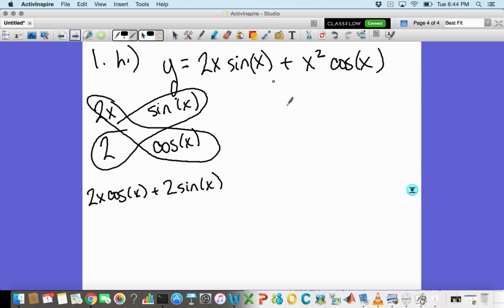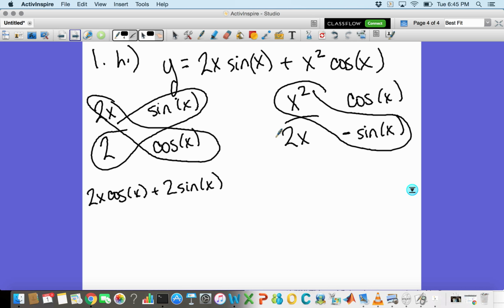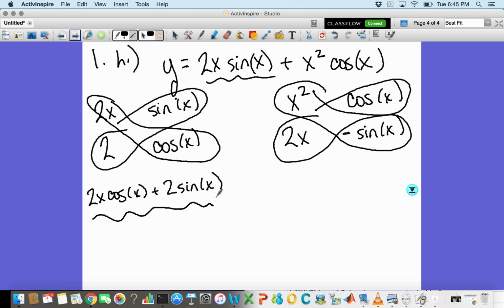And then for here, x squared cosine x. The derivative of x squared is 2x. The derivative of cosine is negative sine. So if I butterfly again, this is the derivative here. So now we want to find the derivative of this whole thing.